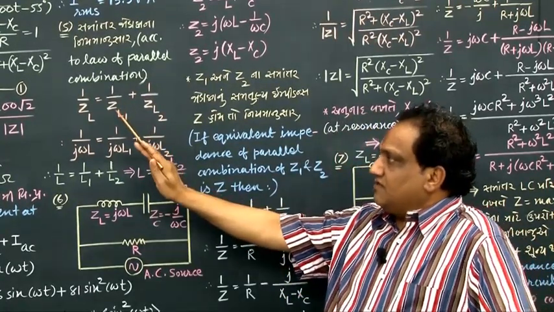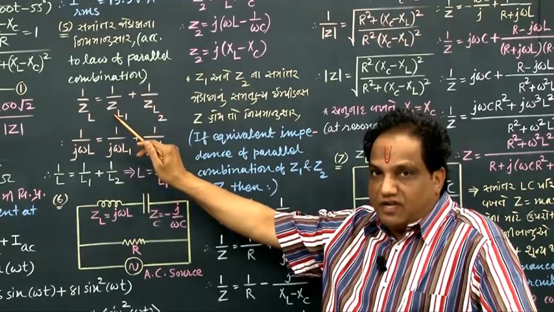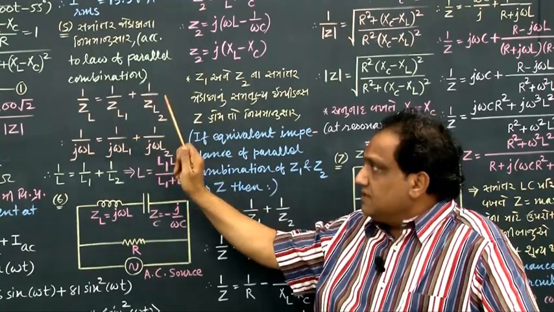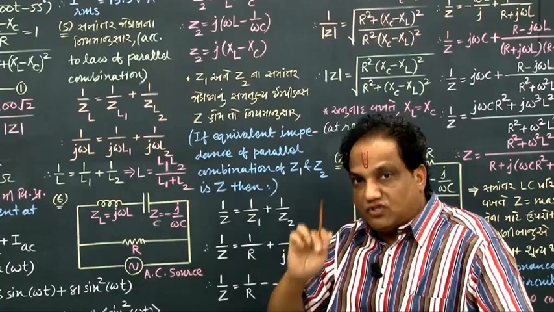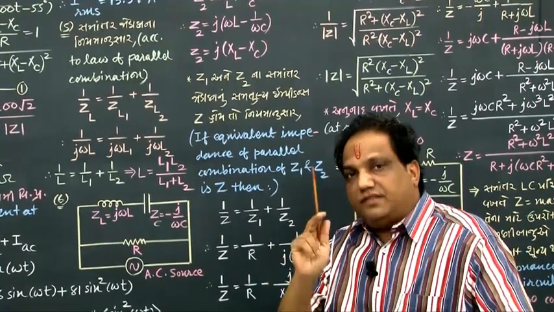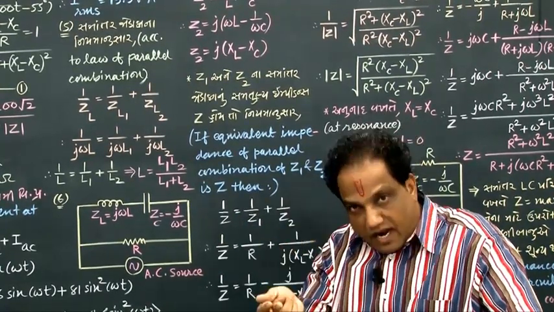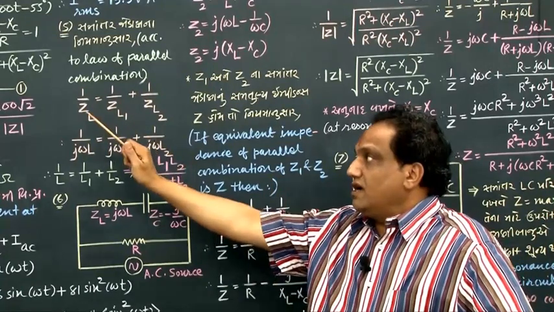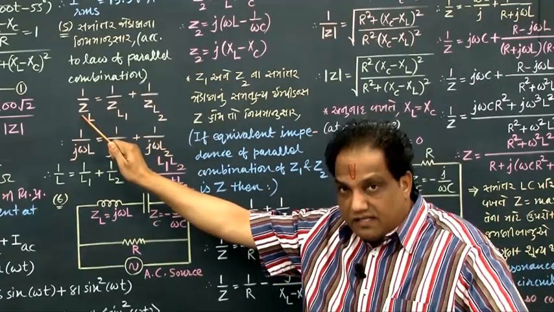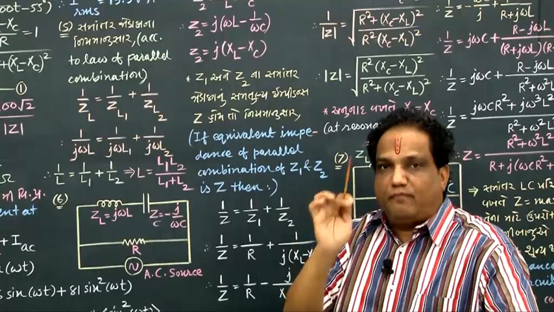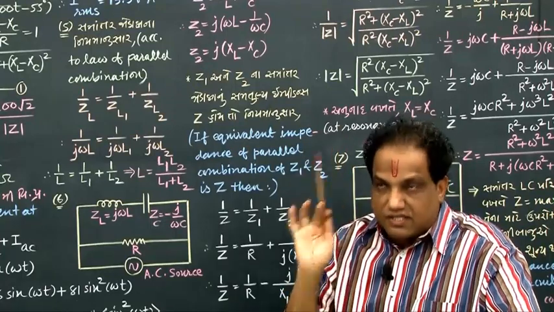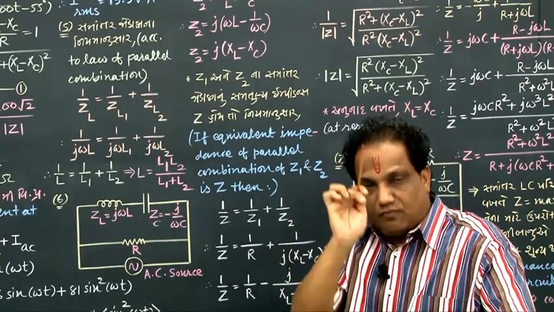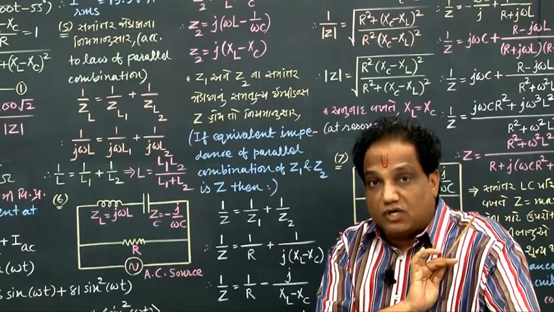Look, if ZL1 is the inductive reactance of first inductor, ZL2 is the inductive reactance of second inductor, and you are connecting them in parallel, and the equivalent inductive reactance is ZL, then according to the law of parallel combination, 1 upon ZL equals 1 upon ZL1 plus 1 upon ZL2.